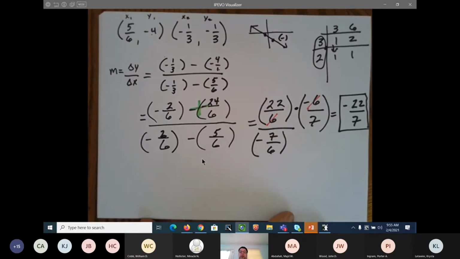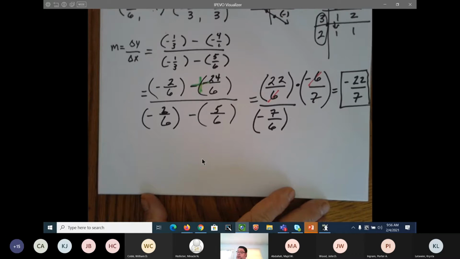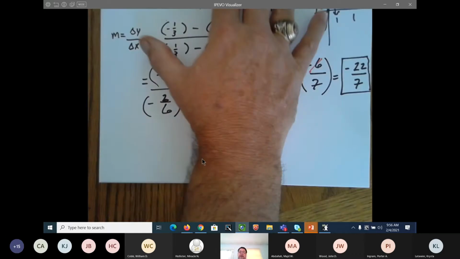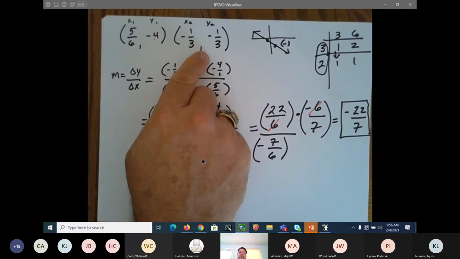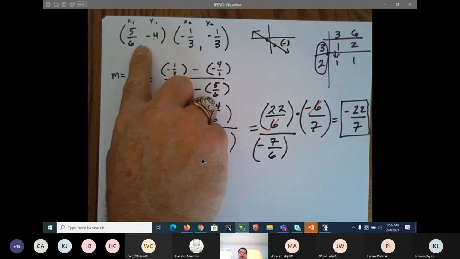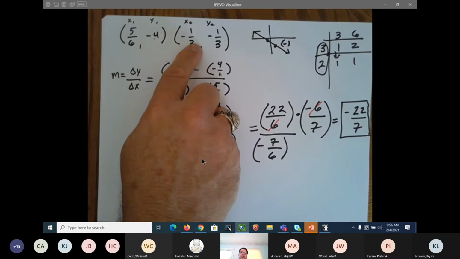And I'm going to drop down here, and I'm going to use, well, I really don't have much of a choice because both of these points pretty much suck. But this one is the lesser of the two evils because this one is two fractions and both of them are negative. This one is one negative and one fraction.